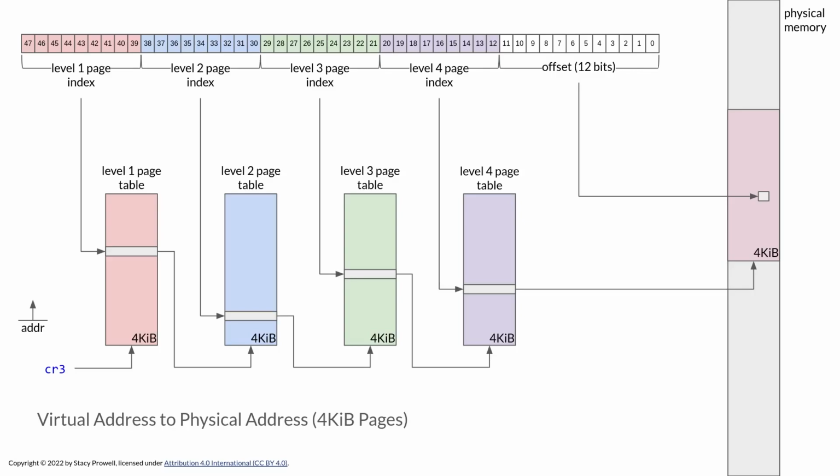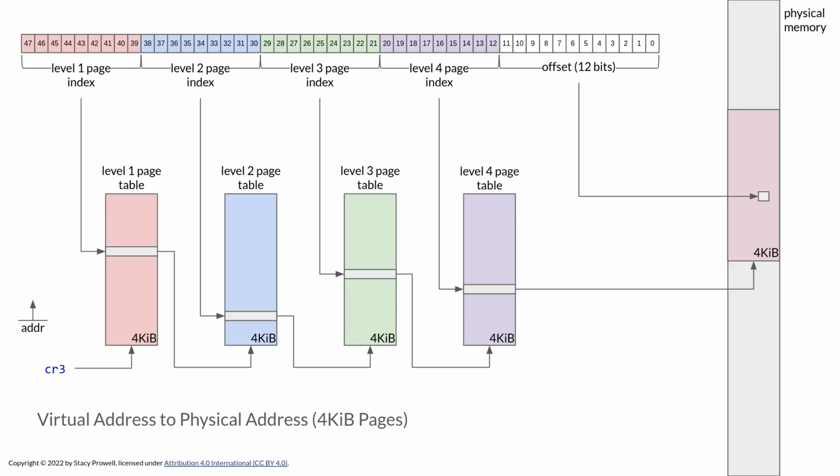Okay, this may seem complicated, but consider what happens when you cross page boundaries. Let's say I want to load an 8-byte thing out of memory, and those 8 bytes cross a page boundary. How does that get handled? Because I might now have to do a different lookup for a different address, maybe.